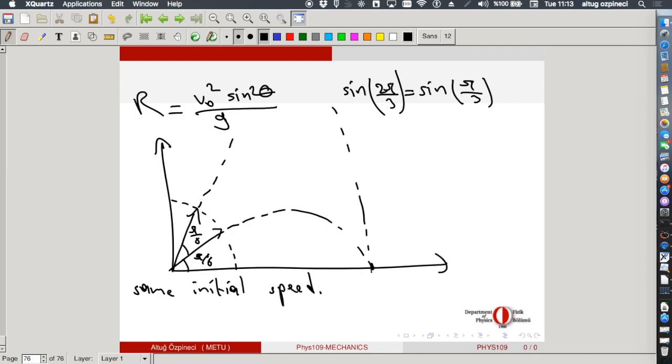Now, what is the shape of the trajectory? How can we determine the shape? Not the time. I don't want to know the position at every time, but let's say if you tell me the x point, how can I tell the y component of the position?